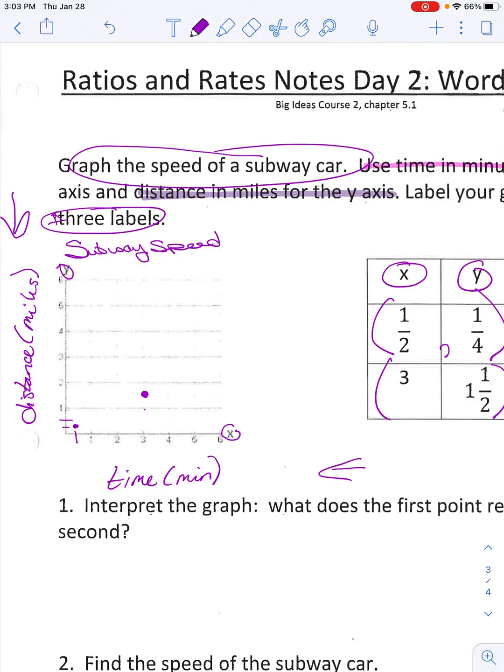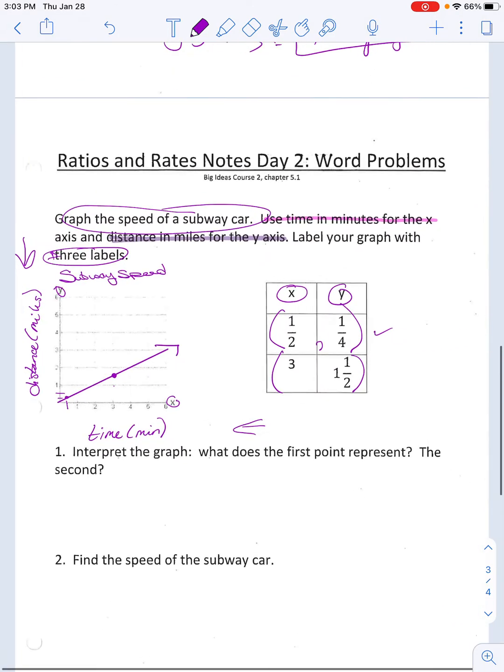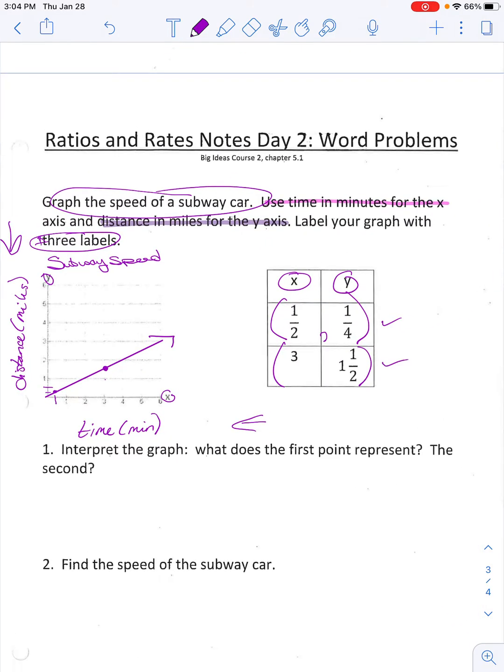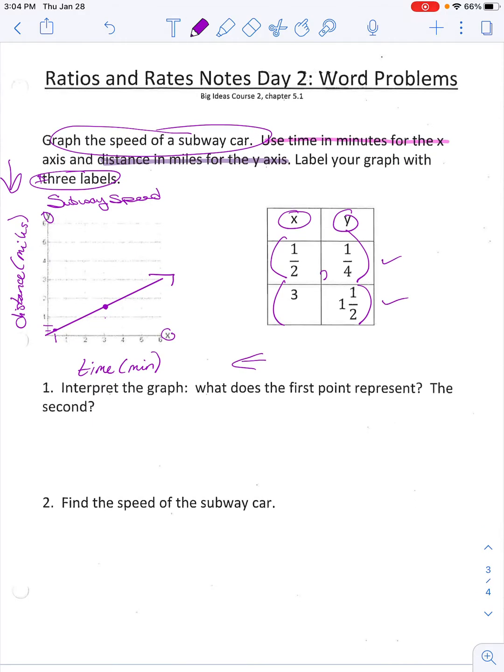Okay, whenever we're plotting these, we're going to connect them and then make sure there's an arrow as well to say that it continues on. Okay, so there's plotting those 2 points. Interpret the graph. Interpret just means kind of tell me what it says.